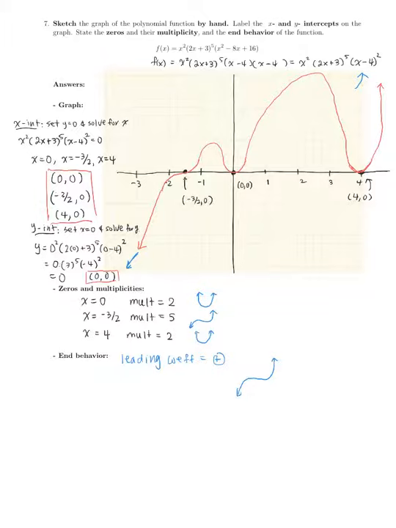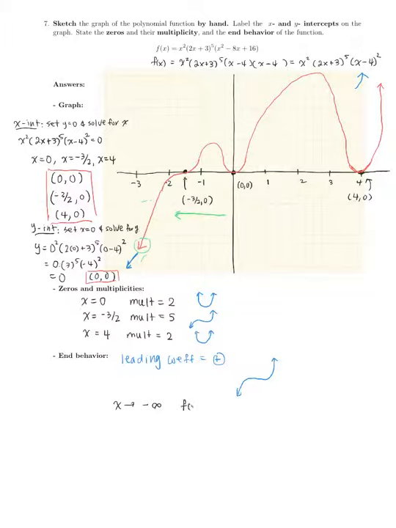All right, now let's go with the end behavior. Let's look at the tail end of the graph. As x goes to negative infinity, look at the tail end of the graph. Where is it going? The tail end of the graph is going to negative infinity.